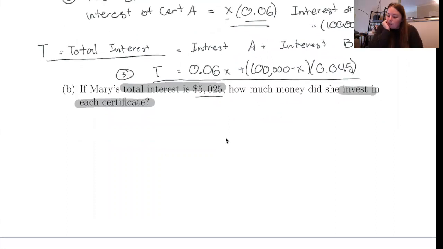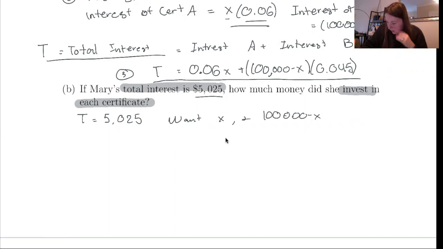All right. So our total interest, T, I know T equals 5,025, and I want X and 100,000 minus X, because those are the amounts that I would have put into each account.